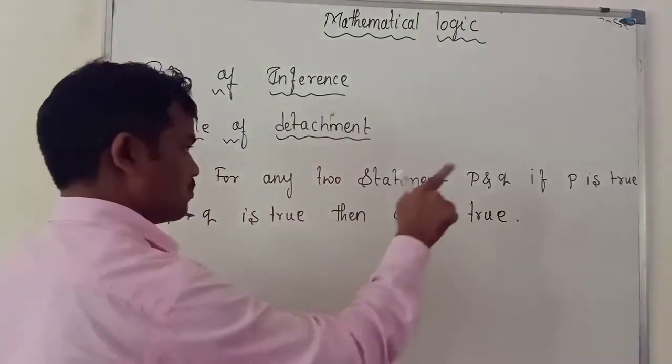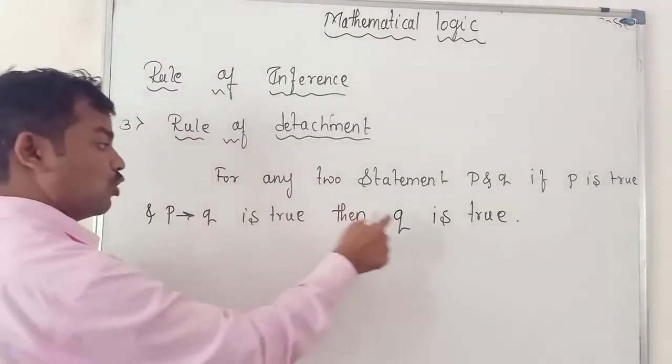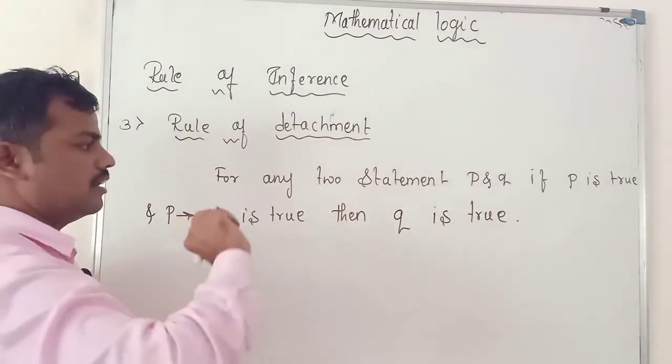See, suppose P is true and P conditional Q is also true, then Q must be true.